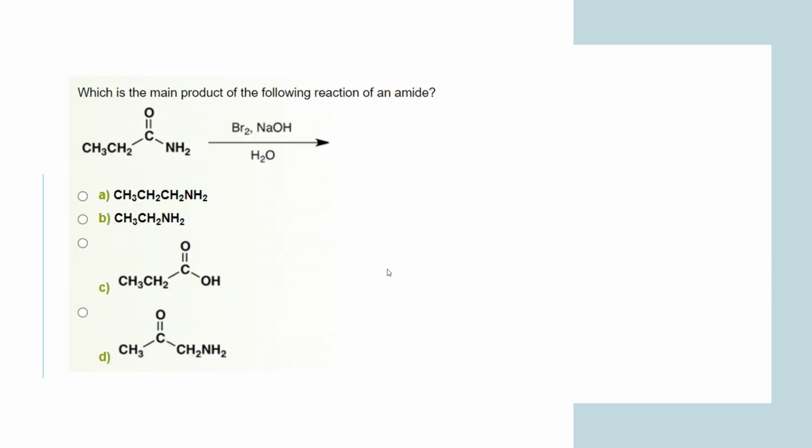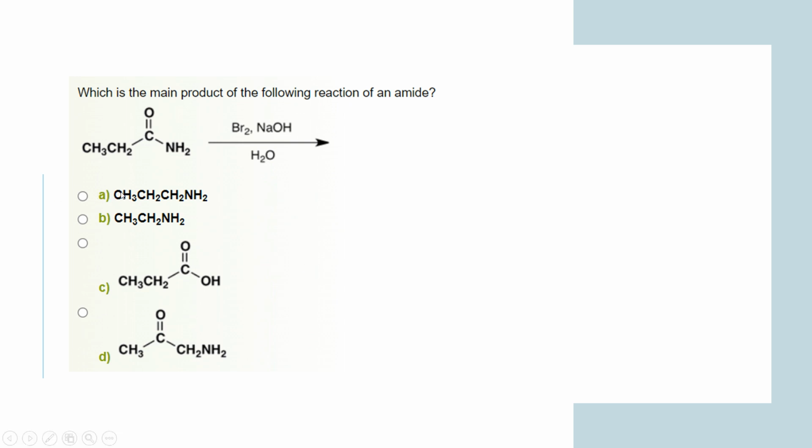Which is the main product of the following reaction of an amide? So you are given an amide here, and we are treating it with bromine in presence of sodium hydroxide in water medium. Okay, water as a solvent we are using, and you are given four possible products, two of which are amine.